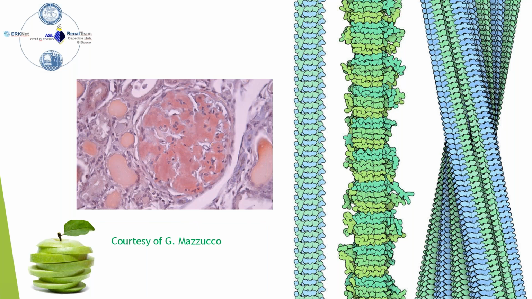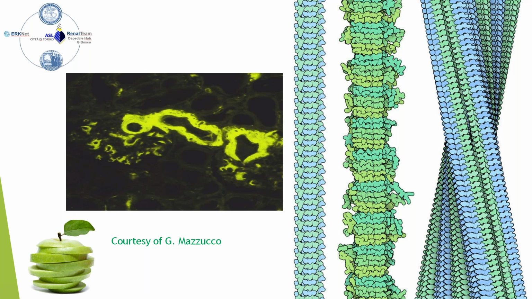Typically, amyloid fibrils are stained with Congo red, an azo dye used only for its characteristic of binding amyloid fibrils. When we look at the amyloid deposits stained with Congo red using a polarizing microscope, we observe a typical apple green birefringence.